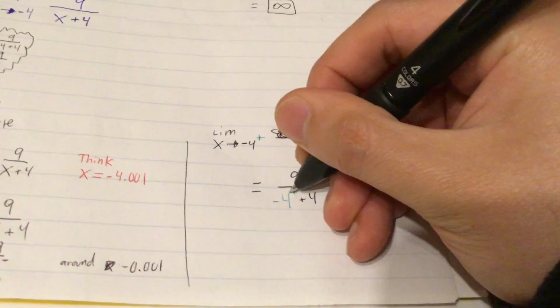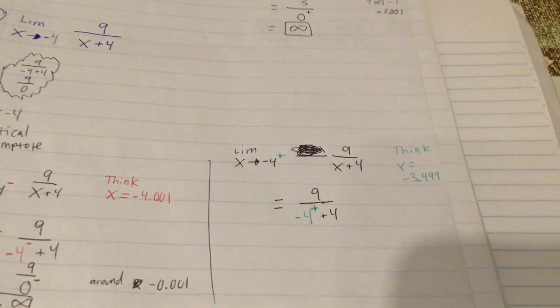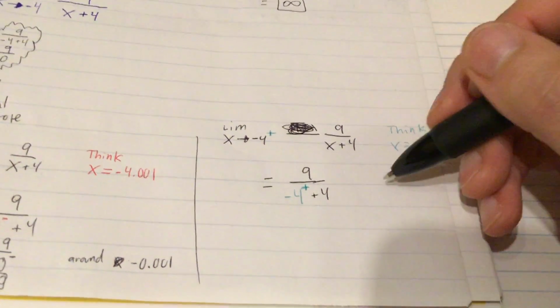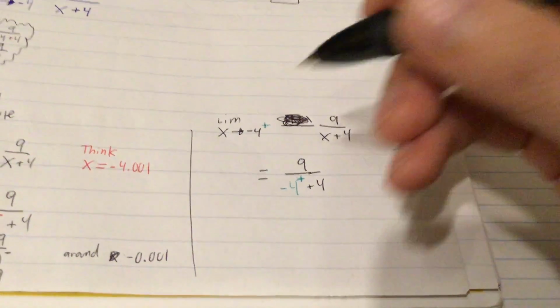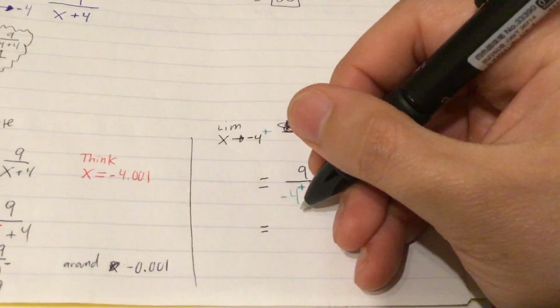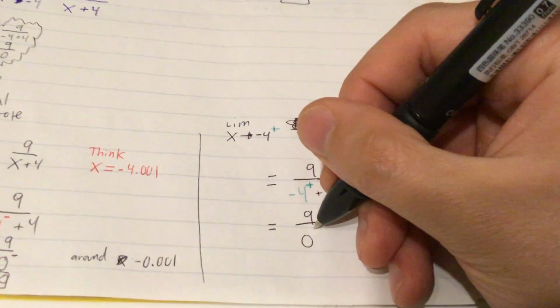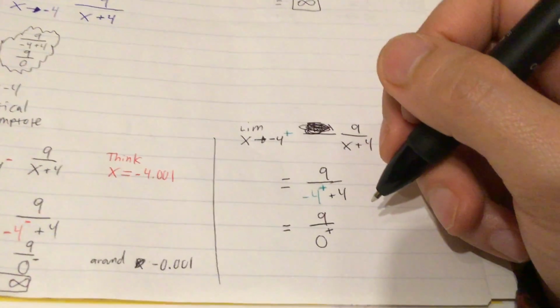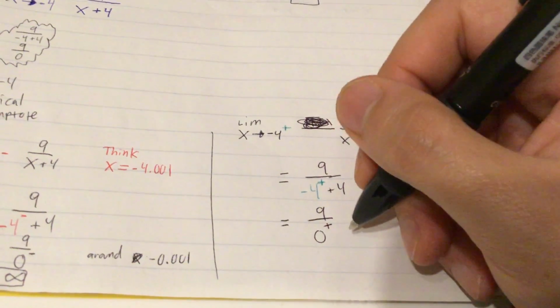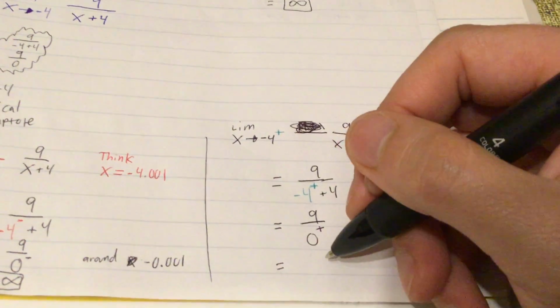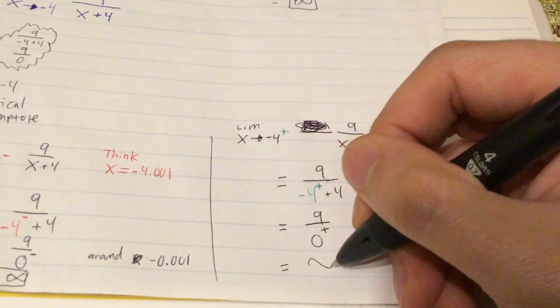I kid you not. So if I were to plug this in, -3.999 plus 4, that's my little tip. 9 over, that's going to be barely positive, so that's 9 over 0 from the positive side. So a positive divided by a positive is a positive, and 9 over 0 is infinity.